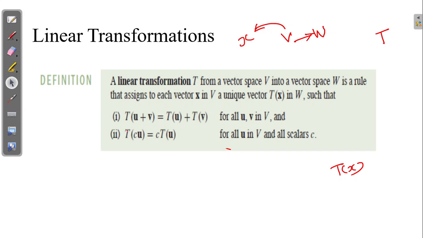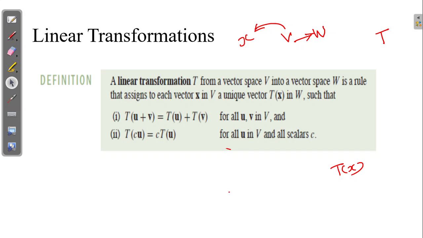satisfy the two axioms, that is T of u plus v equal to T of u plus T of v. This is nothing but your additive property. Linear property means additivity plus homogeneity.